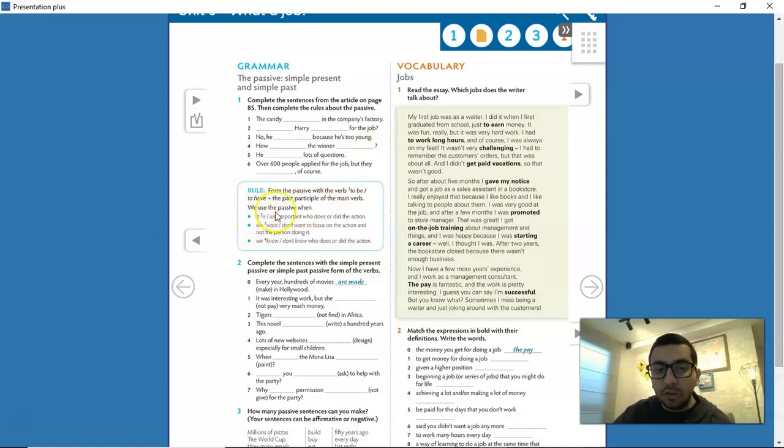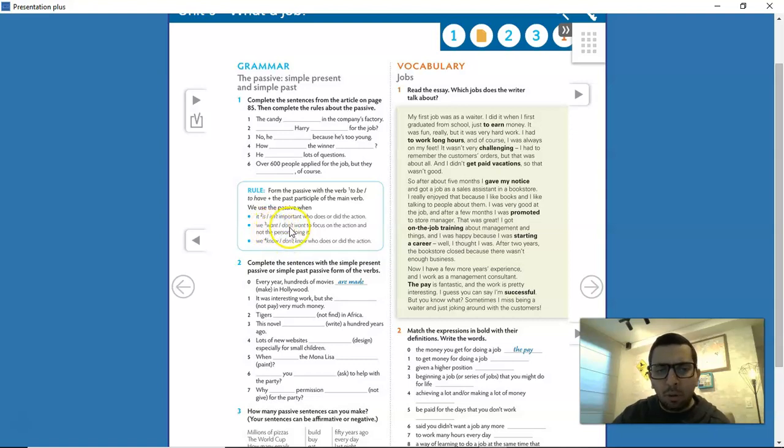Number 2. We use the passive when it is or it isn't important who does or did the action. When it isn't important who does the action. It is important for passive voice. The action is important, not the person that does the action, okay? So it isn't important who does the action.